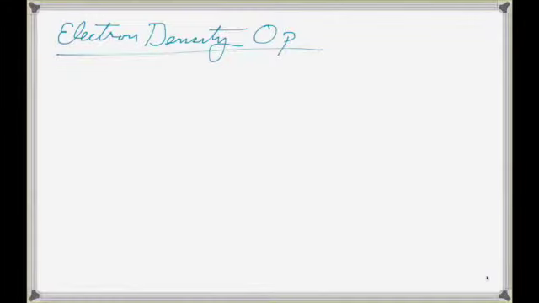Given the field operator, psi, we can immediately write down the electron density operator. So n of r, the operator, is just psi dagger psi of r.